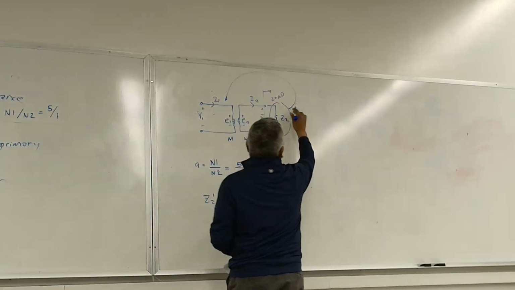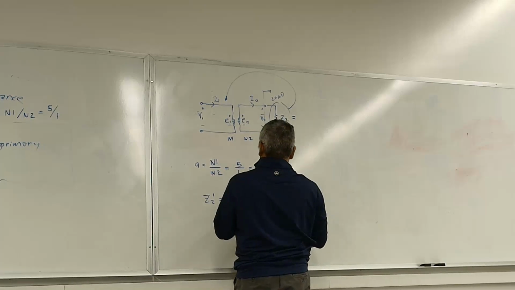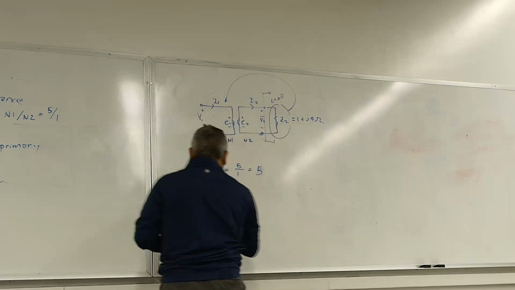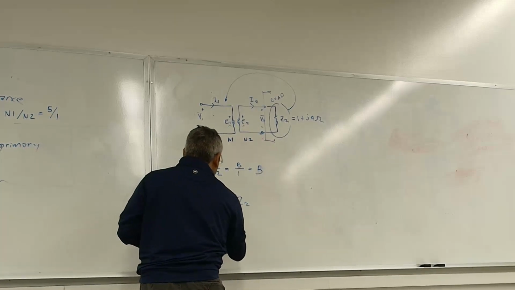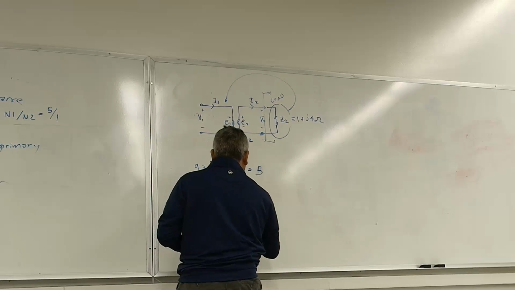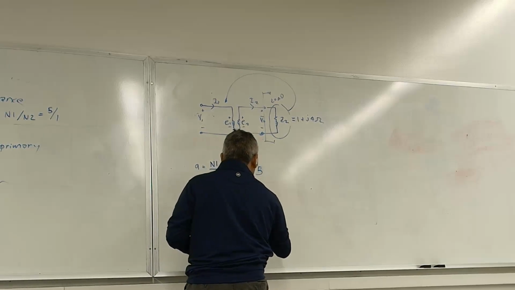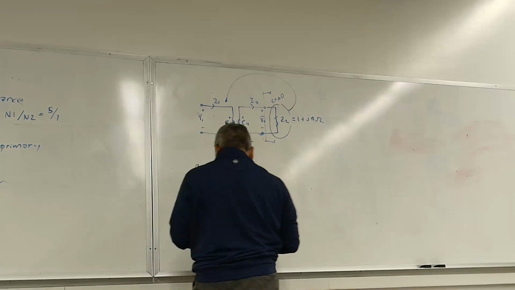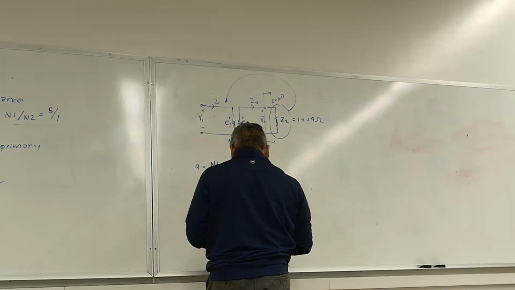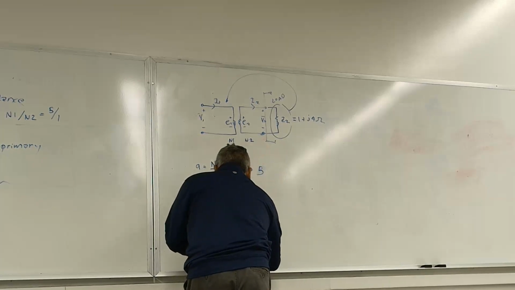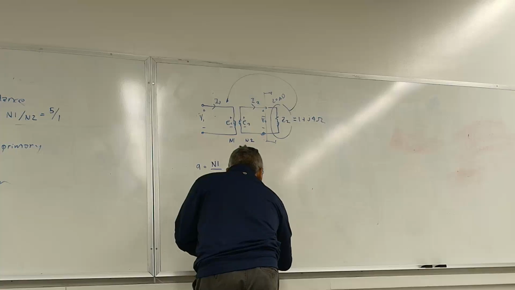And Z2 was equal to 1 plus J4 ohms. So Z2 prime is equal to 5 squared times 1 plus J4. This is in ohms. Therefore, Z2 prime is equal to, let's see, I get 25 plus J100 ohms.